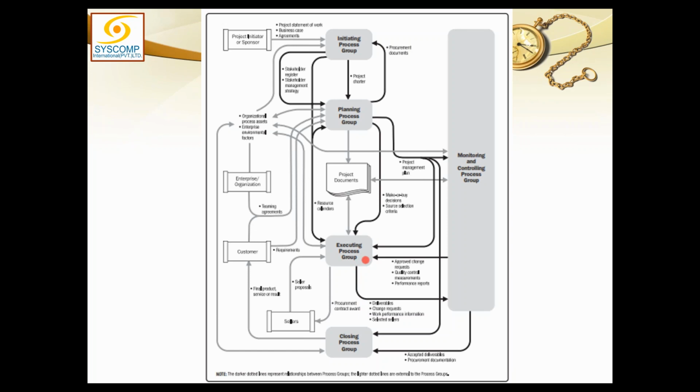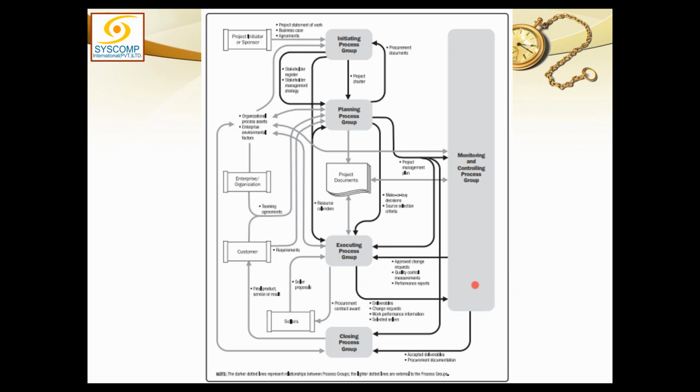That's it. Our execution of that job is done. Now he will do the job and we will check him. So we will monitor and control him. So these are the four things that have gone from execution to monitoring and control: deliverable, change request, work performance data, and the selected sellers.